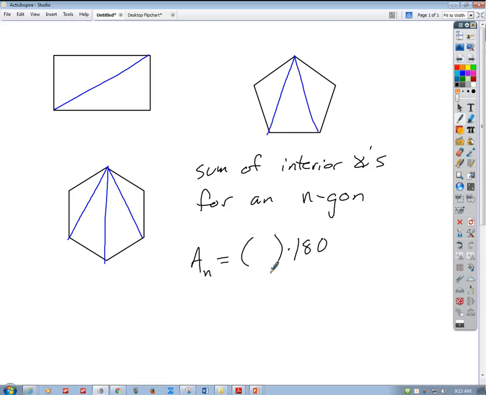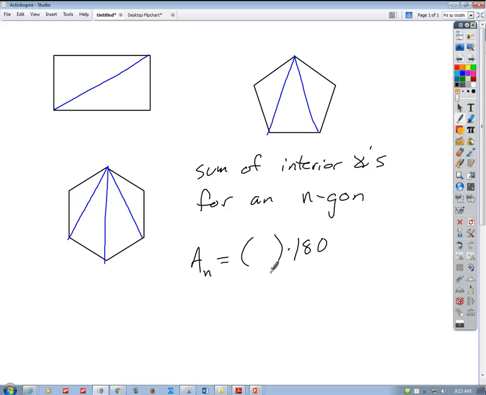If n is 11, how many would there be? 9, right? Just always 2 less, isn't it? 4 sides gave us 2 triangles, 6 sides gave us 4 triangles. Continue that pattern. If we had 100 sides, how many triangles? 98. Okay. So what if we had n sides? How many triangles?